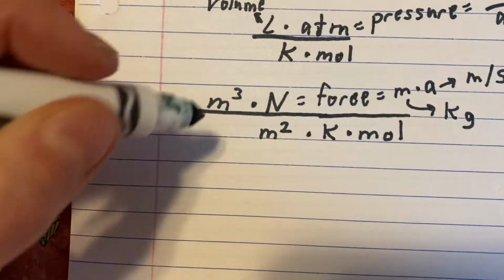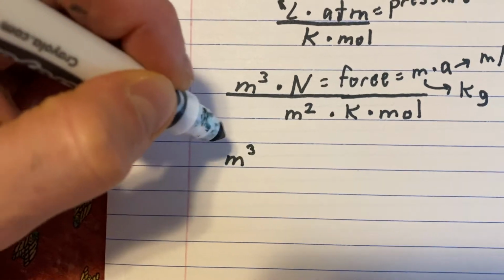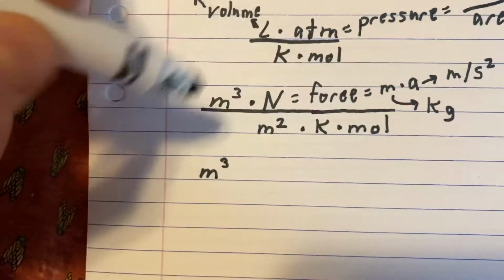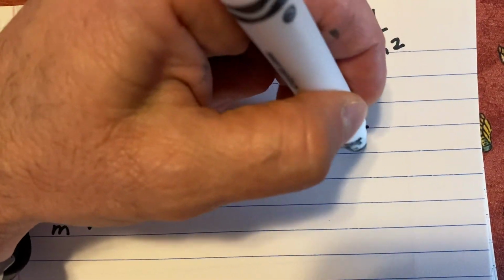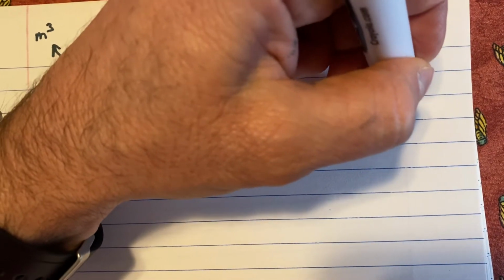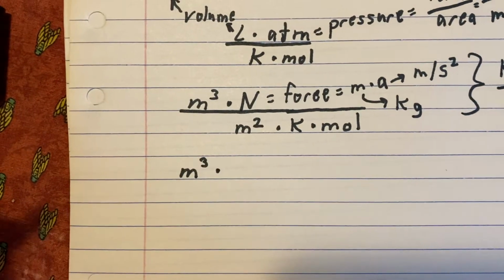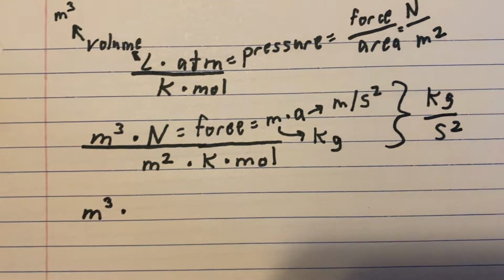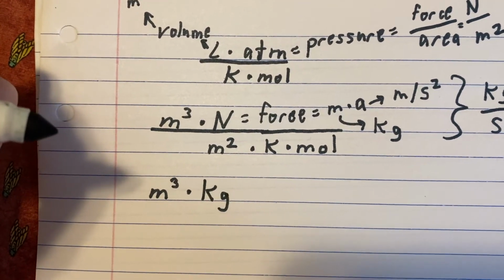So the cubic meters are going to come down here too. Force is mass, which is kilograms, so that'll be meters cubed. Newtons is, let me just clean this up here, kilograms per second squared. That's what the newtons are going to turn into. So I'm going to have kilograms, that's my mass.